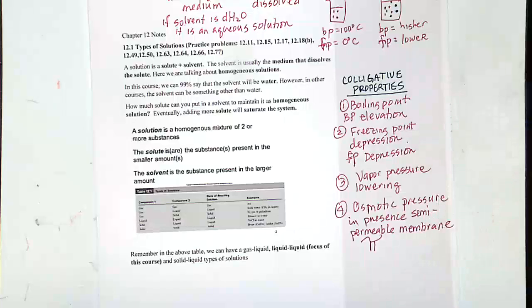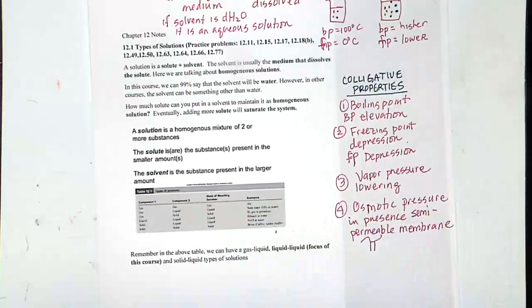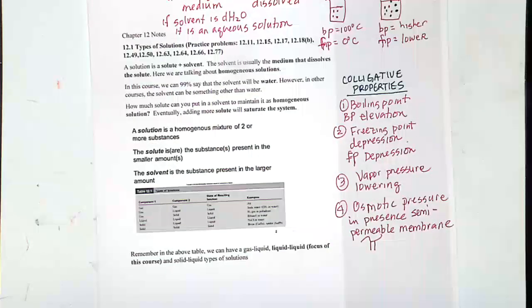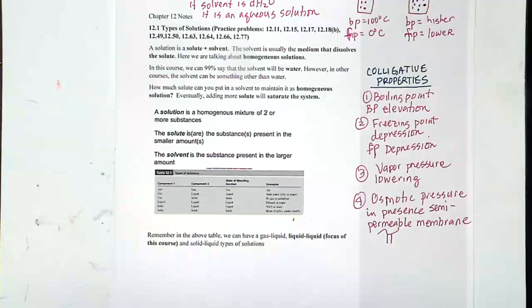Colligative means it doesn't matter the structure, it doesn't matter if it's poison that you're putting in or life-giving. The minute you add something to a solvent, these 4 things automatically happen. It doesn't matter how complicated or simple the structure is. Add any solute to a solvent, and if you get a solution, these 4 things are going to happen.